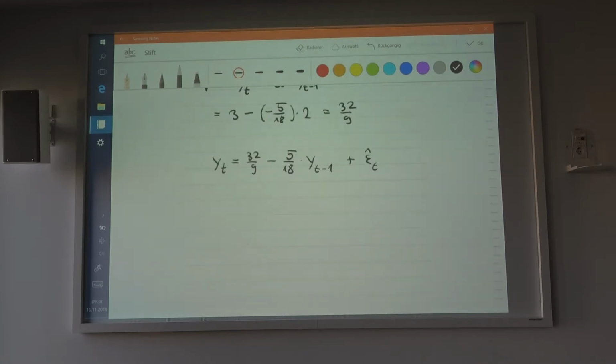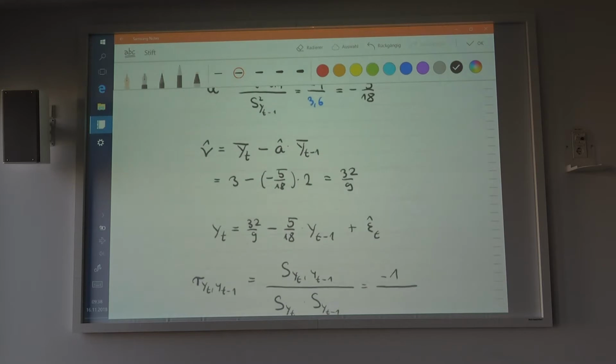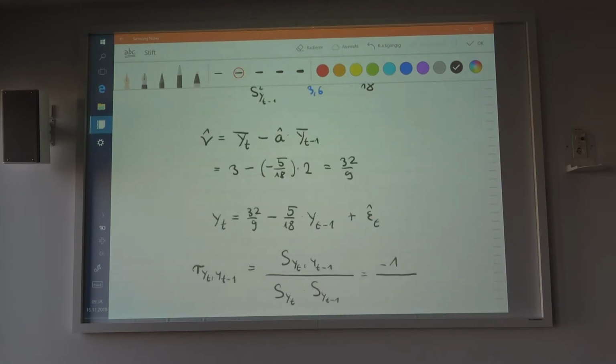We can skip that by using the correlation coefficient. So let's calculate the correlation coefficient of the dependent variable and the explanatory variable. This is going to be equal to the covariance of the dependent variable and the explanatory variable divided by the standard deviation of the dependent variable times the standard deviation of the explanatory variable. Now the covariance is equal to negative 1, and the variances were equal to 3.6.